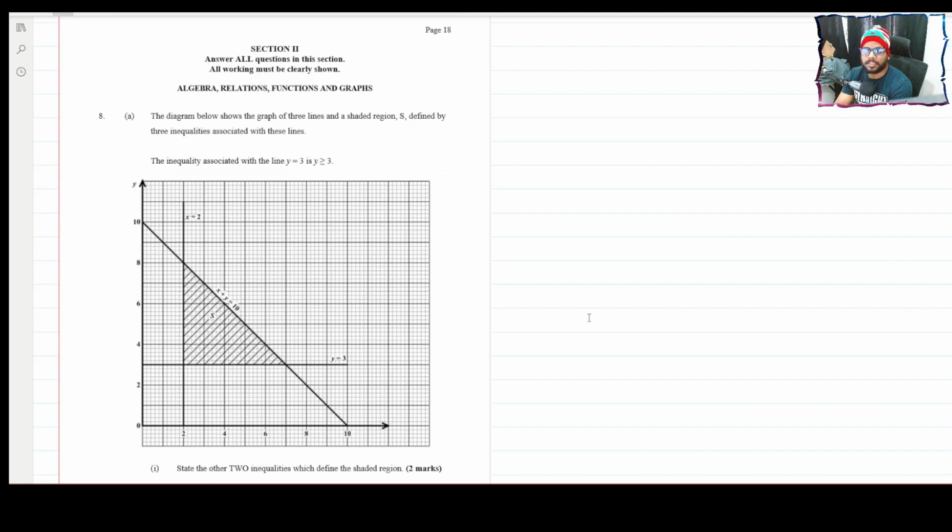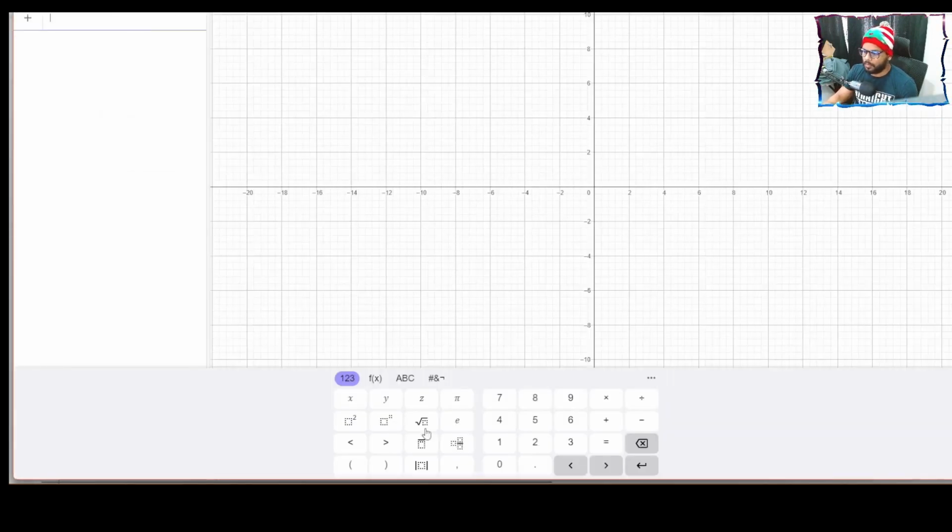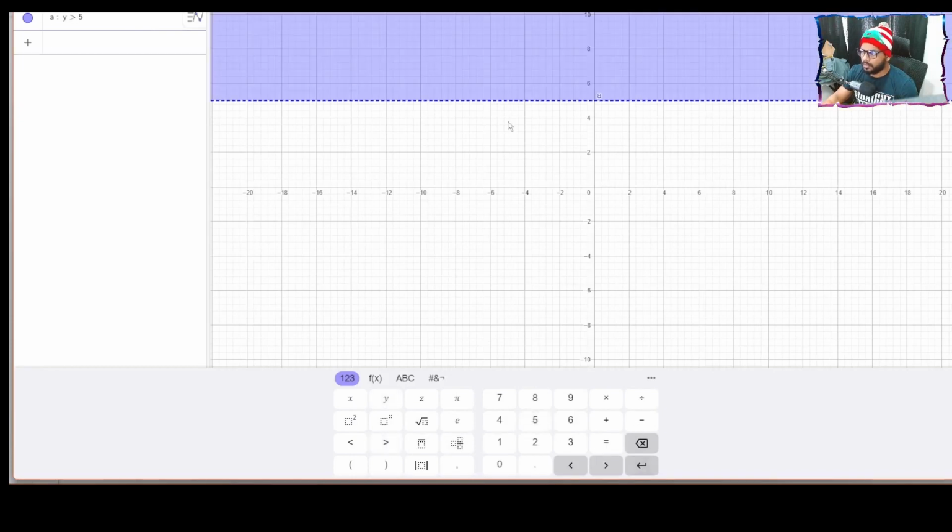If the line is a dotted line, then it will have a less than or a greater than sign only. For example, just to illustrate, if I have a line y is strictly more than 5, you realize this line is represented by a dotted line.